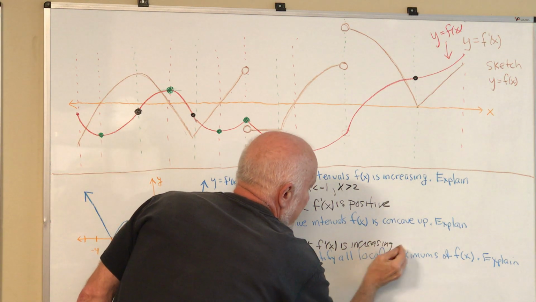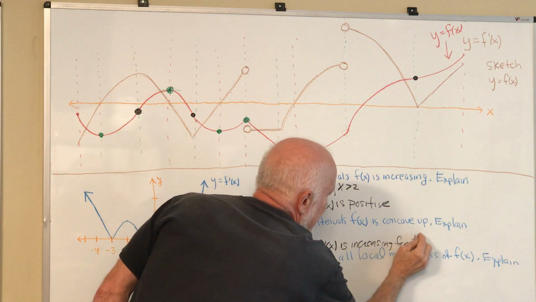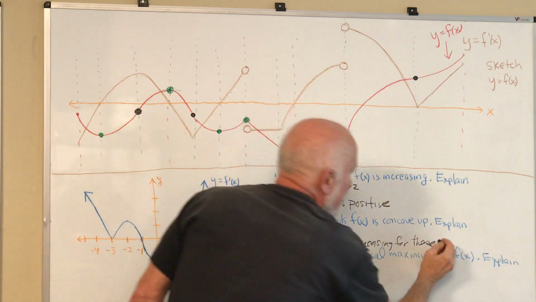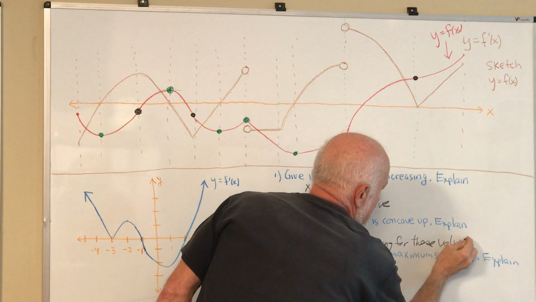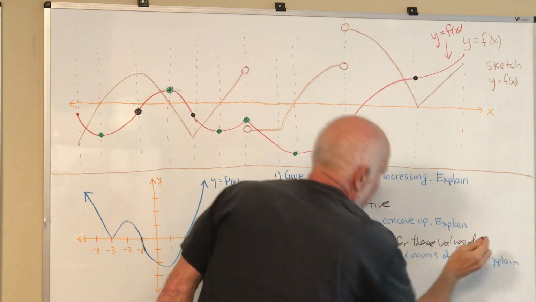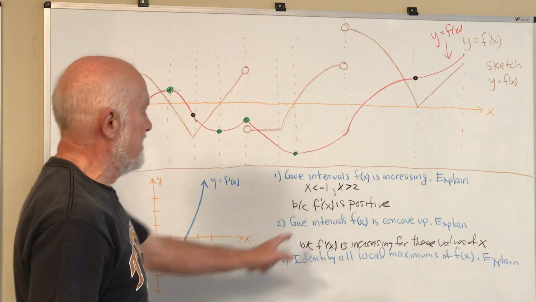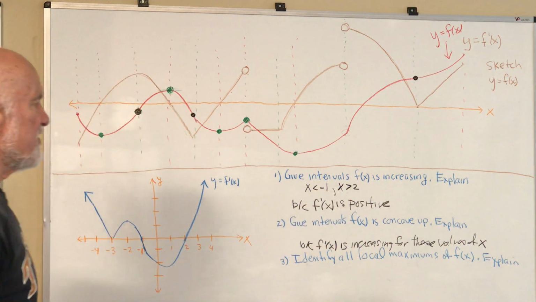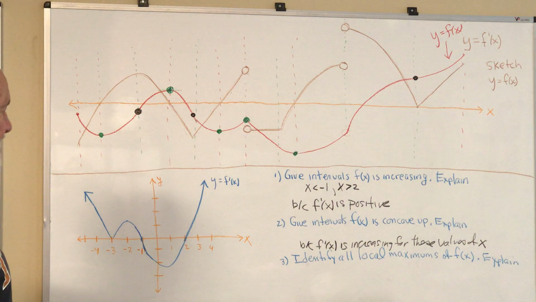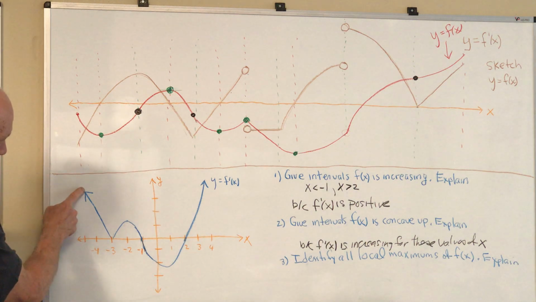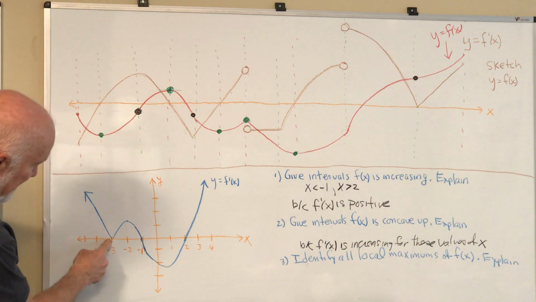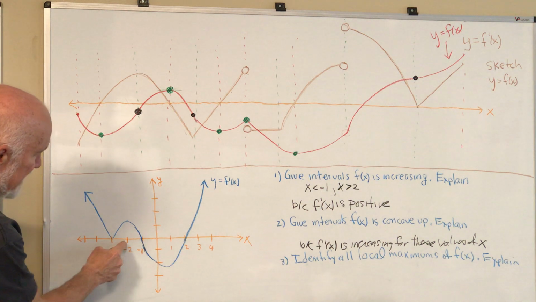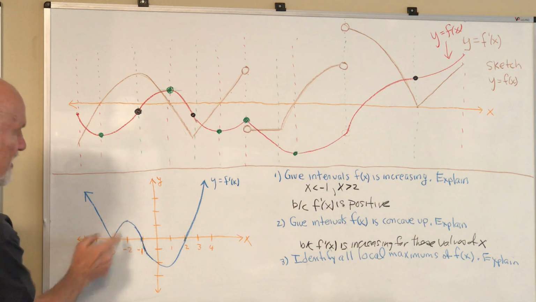Maybe you should say for these values of x. Just to be clear, you could say the same thing up there. F prime of x is positive for these values of x. Well, where is f prime of x increasing? Not here, it's decreasing, but from -3 to -2, it's increasing.